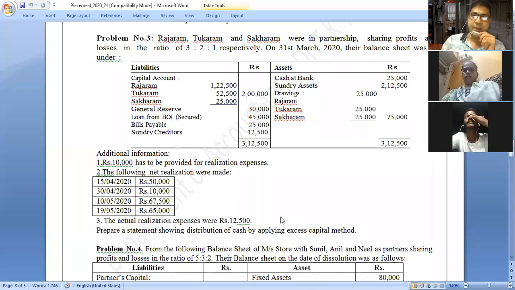Once one partner is holding the final excess capital, we will stop the steps from step number 1 to step number 5, that we have studied 2 times in problem number 1 and problem number 2 also. Same things we have to study in problem number 3. Now, I don't want to waste your time, so we will directly start how to calculate this excess capital.